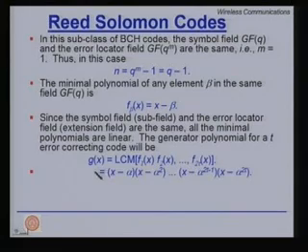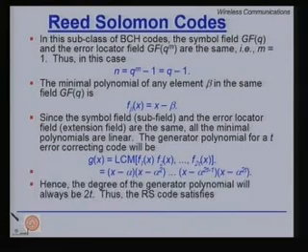A really very simple generator polynomial for Reed-Solomon codes. Hence, the degree of the generator polynomial will always be 2t. So, you can always comment upon the degree of the generator polynomial. Hence, n minus k is 2t. Why? Because the degree of g(x) is n minus k.